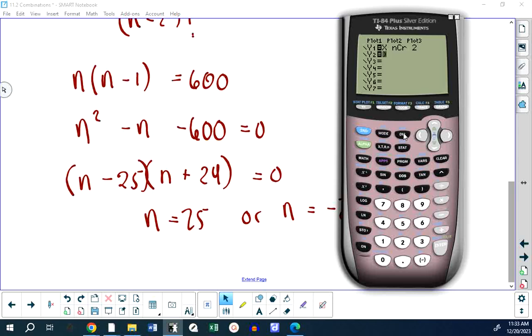You can get the answer. Even if you're asked to do it algebraically, when I go to my table and I look for 300, it's happening at 25. So then when I get down here, I can go, oh, well, one of the factors must be n minus 25. Right? Nobody has to know what goes on behind the scenes. They're not in your head.